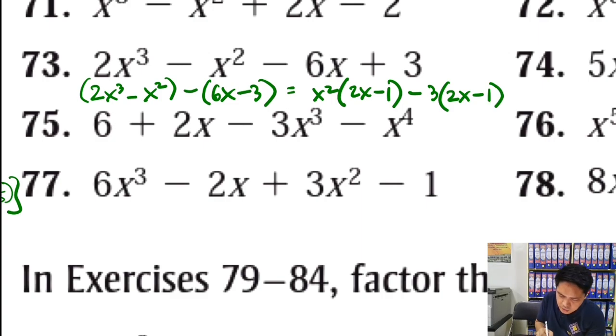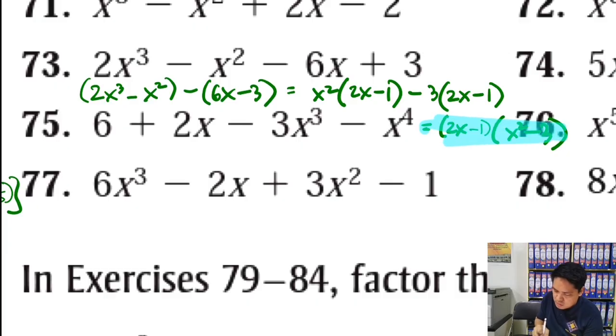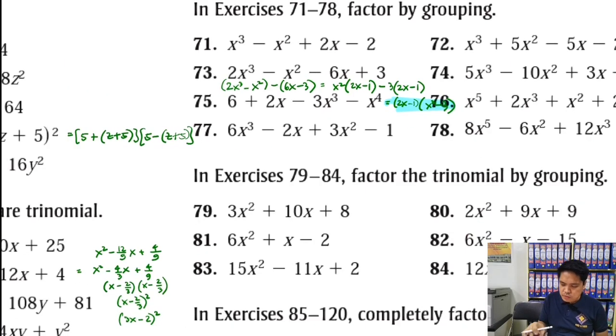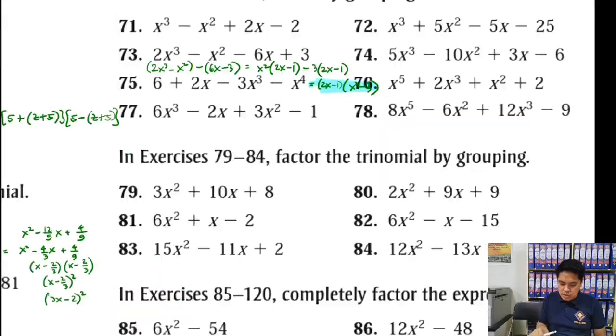Ayan. Then, I could factor out 2x minus 1. So, further, factoring out 2x minus 1, yung may iwan is x squared minus 3. So, yun yung answer dito. Then, you just follow the procedure for all the others.